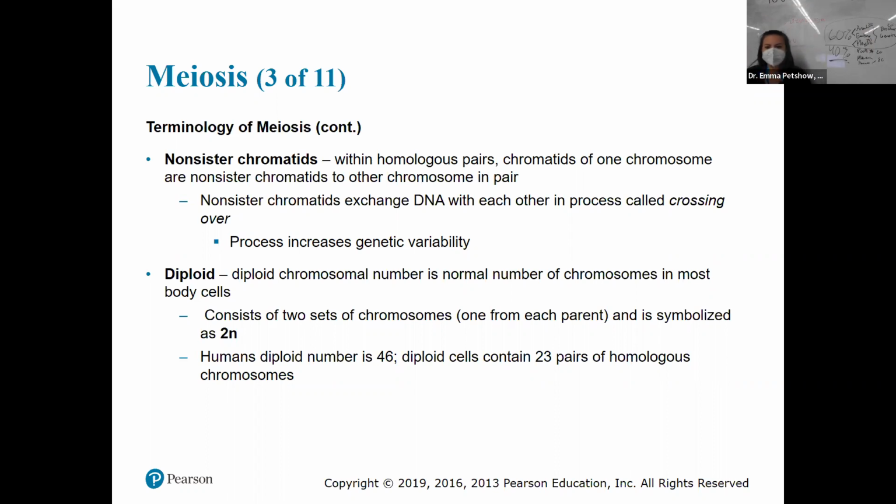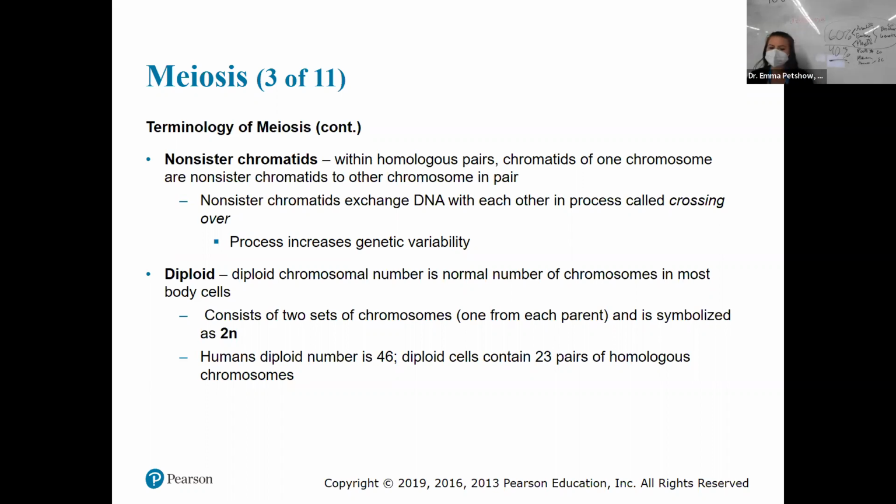When we're thinking about numbers, there are two different numbers that can tell us how many chromosomes are present: diploid and haploid. The diploid chromosomal number is the normal number of chromosomes in most body cells. 2n consists of two sets of chromosomes, one from each parent.